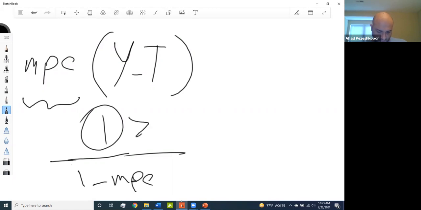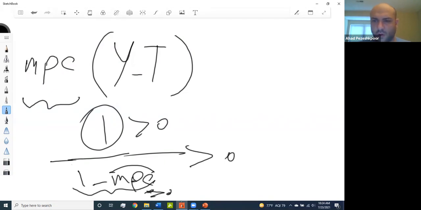One is obviously a positive number. Since the MPC is lower than one, this will also be a positive number. Positive divided by positive will be a positive number. And it's also almost always greater than one, because one will be divided by something less than one.